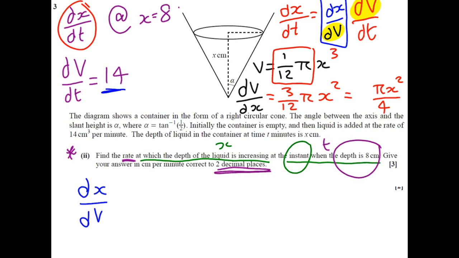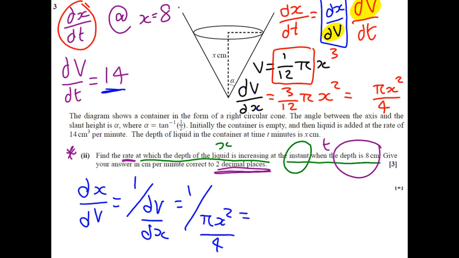If the rate of change of v with respect to x is pi x squared over 4, the rate of change dx by dv is 1 over the rate of change dv by dx. I told you they behave very much like fractions. Now saying 1 over something is just like saying the reciprocal, so it's 4 over pi x squared.